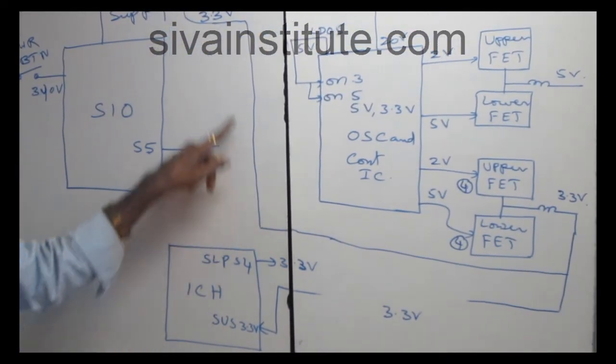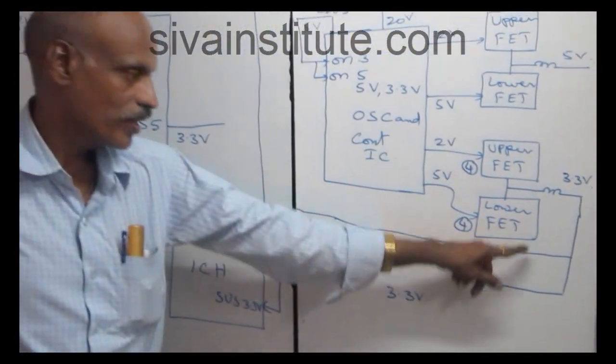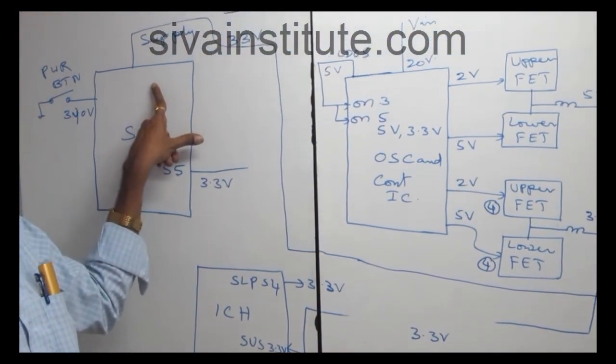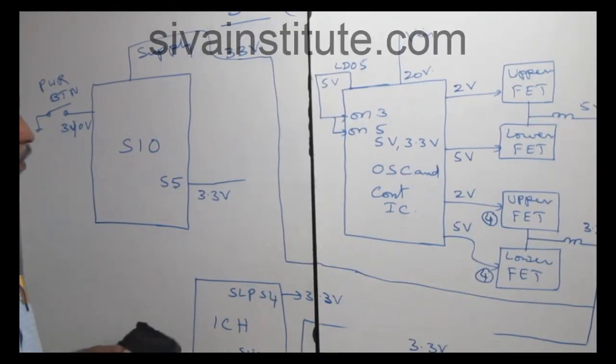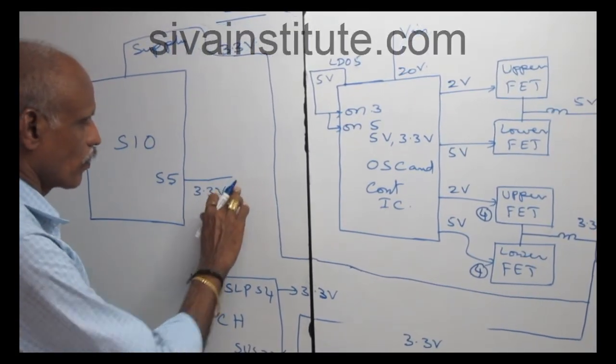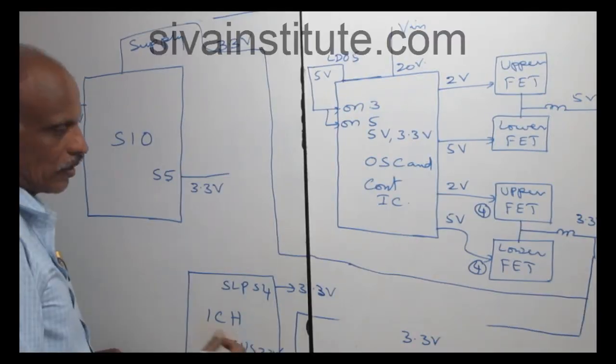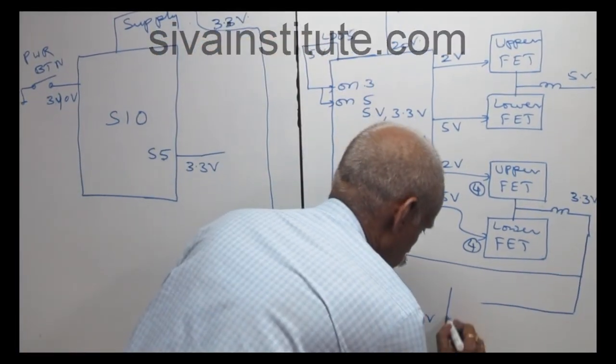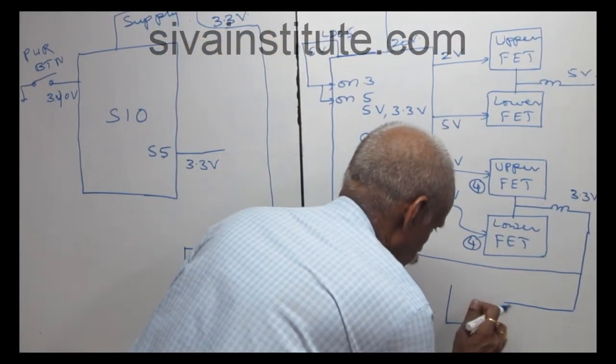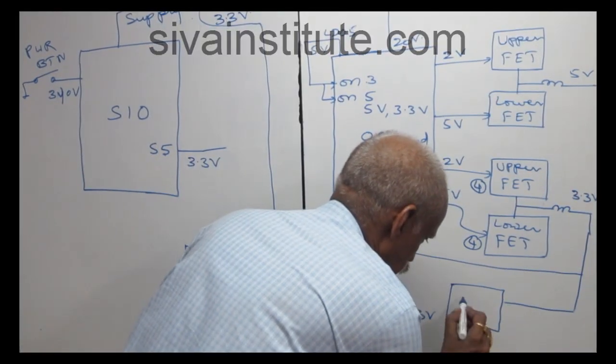Without pressing the power button, this voltage goes from here to the SIO chip. After pressing the power button, this command comes out as 3.3 volts S5. This is another FET.